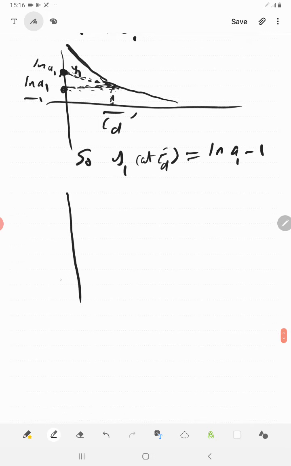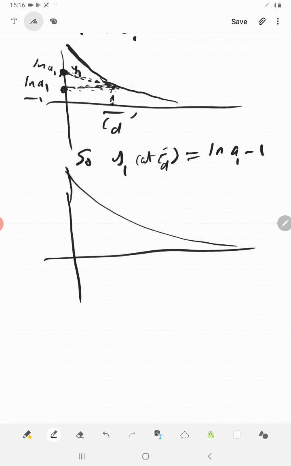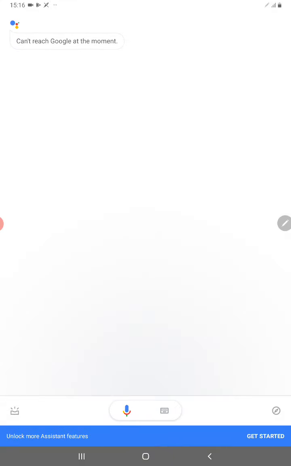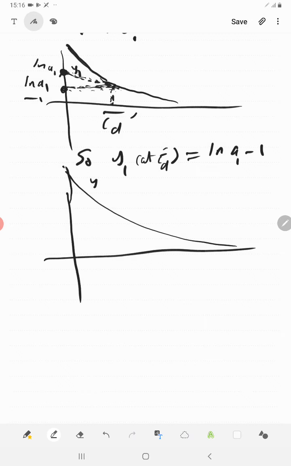If we take the original y, this would be something like here.